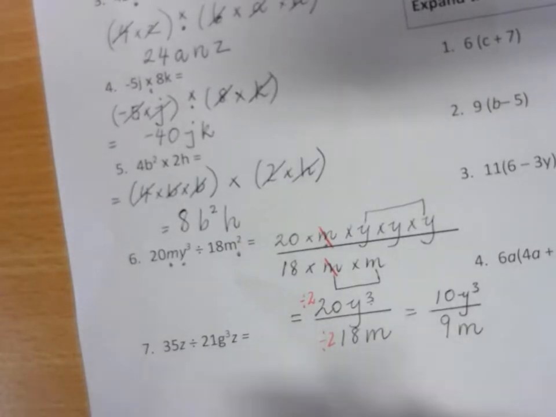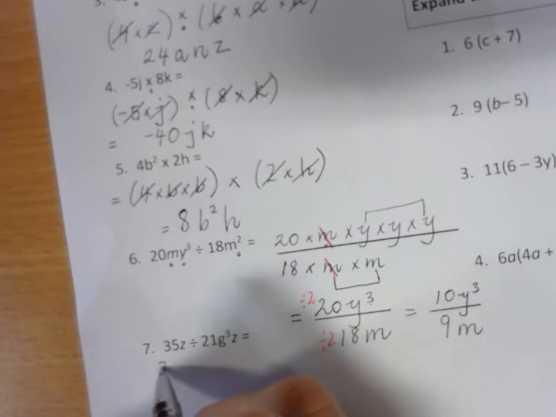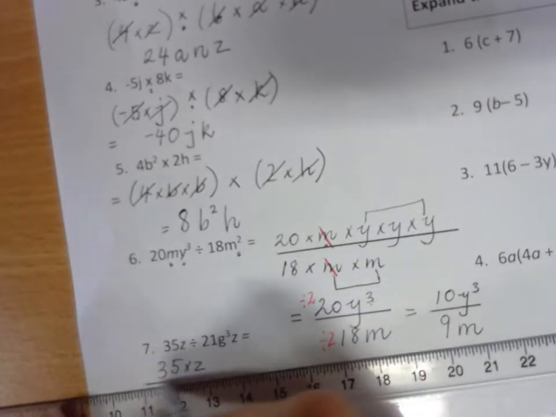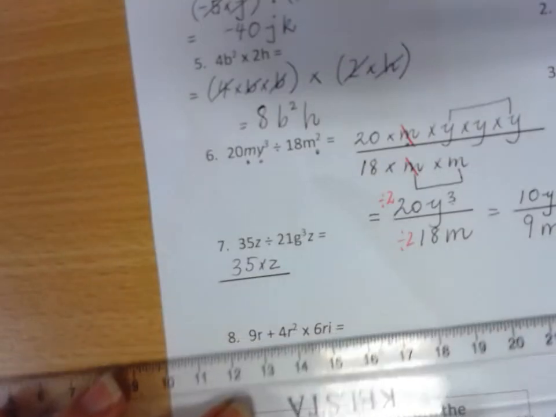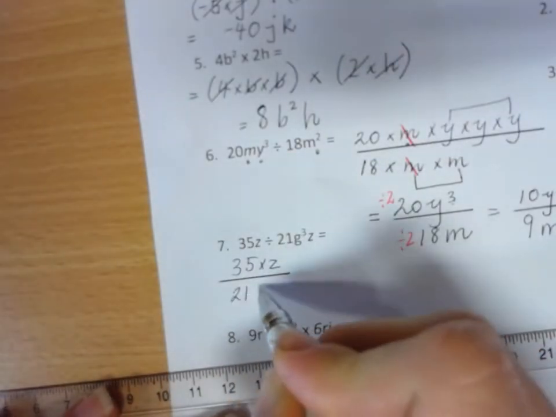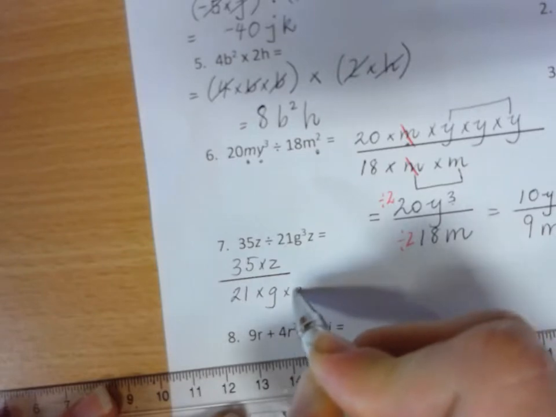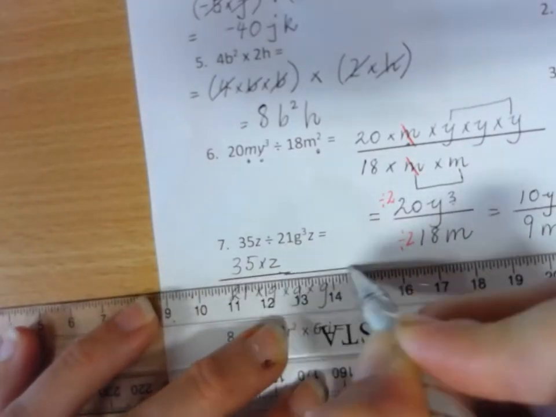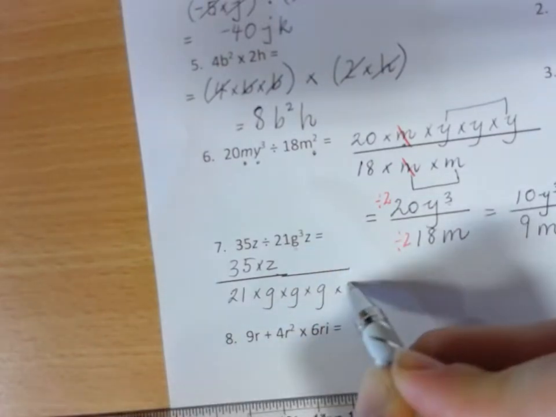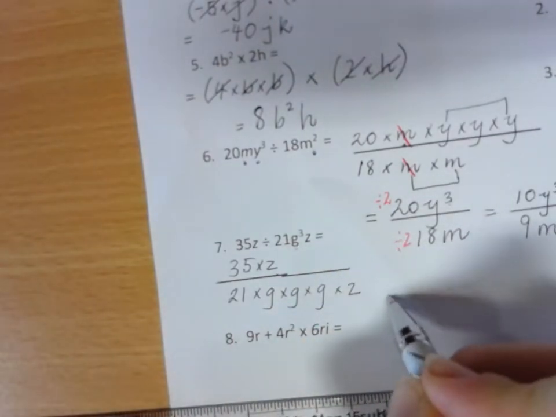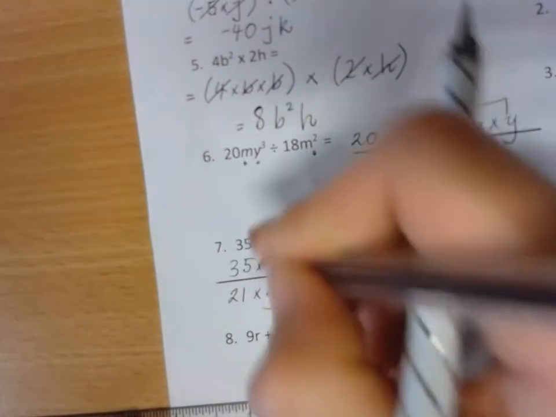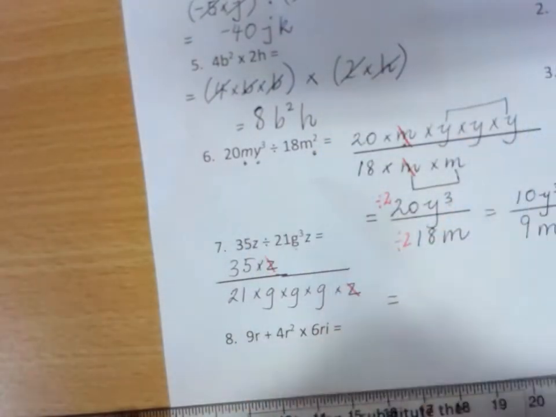We might do these two and then take a break and do a second movie. 35 multiplied by z divided by 21 multiplied by g multiplied by g multiplied by g is your g cubed multiplied by z. Okay, I might skip a step out here where I'm going to go z goes with a z.